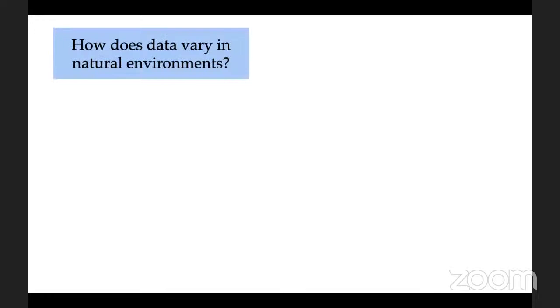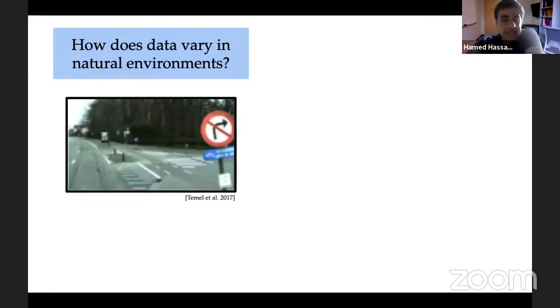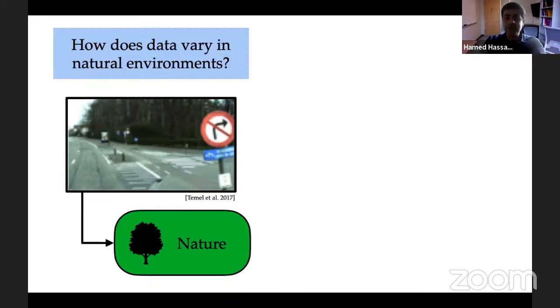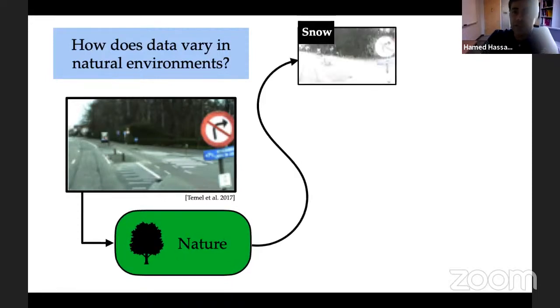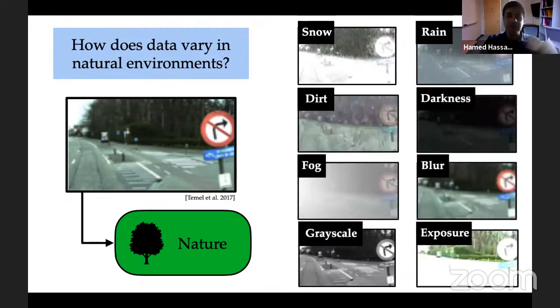All right, let me do a quick recap of what natural variation was all about. Remember, images that we see in real-world, natural settings go under different types of natural variation depending on the natural environment, right? We talked about snowy, rainy images, whatever. As I mentioned before, there are two main challenges regarding natural variation.